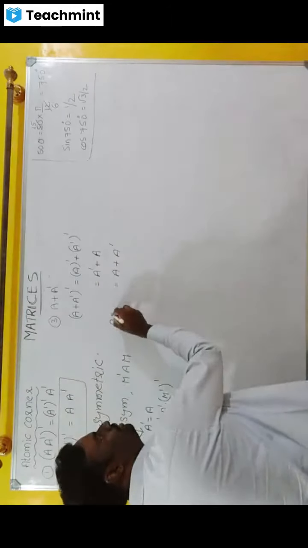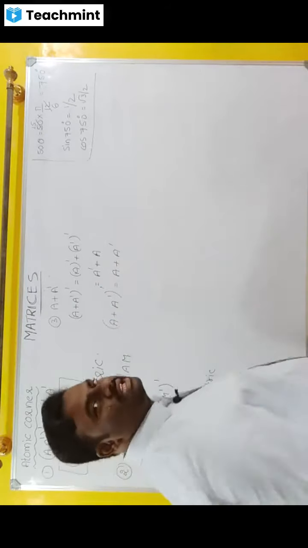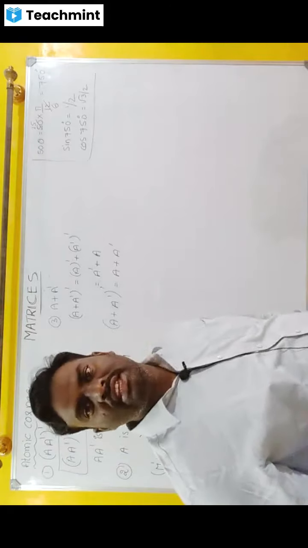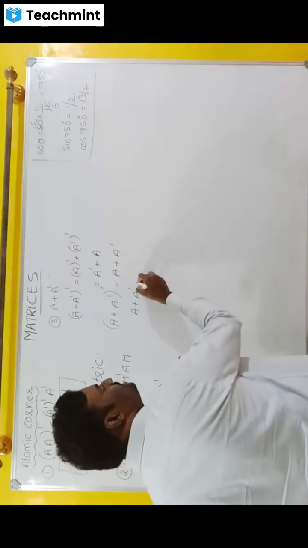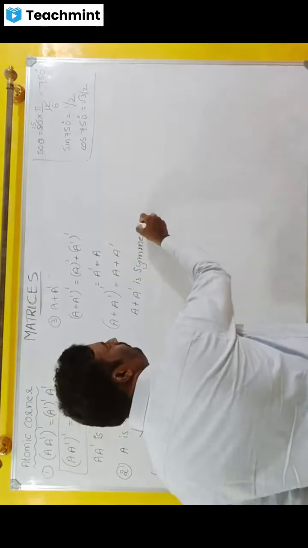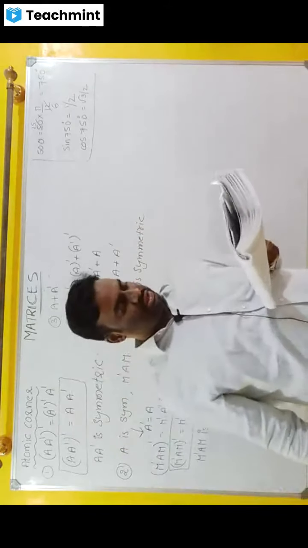On the left side we have A plus A dash whole dash. Here also a positive symbol is there, that's why it is a symmetric matrix. Therefore A plus A dash is a symmetric matrix.